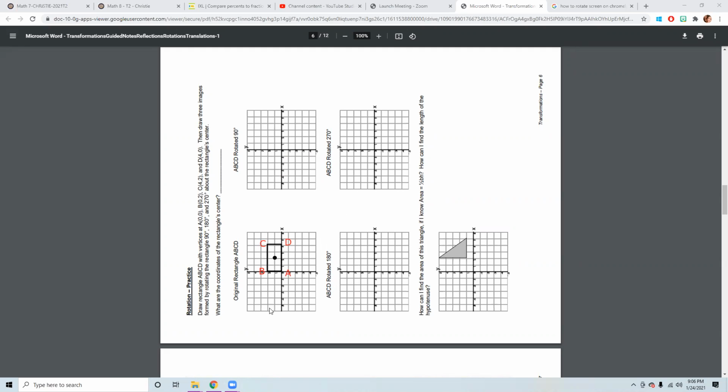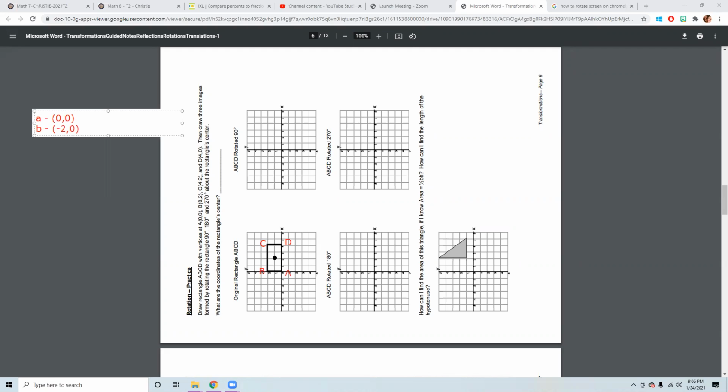So pretend that this is now the y-axis and this is now the x-axis. A is still located at the point 0, 0. B is going to be located at the point -2, 0. I would recommend writing this down because it's going to make your life so much easier. So A was at 0, 0. B was at -2, 0. Let's add some parentheses.